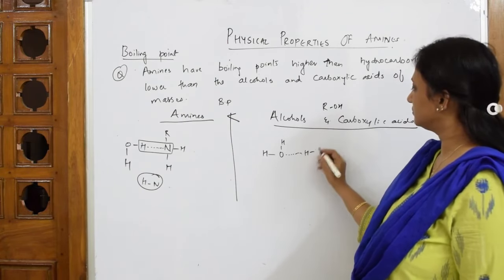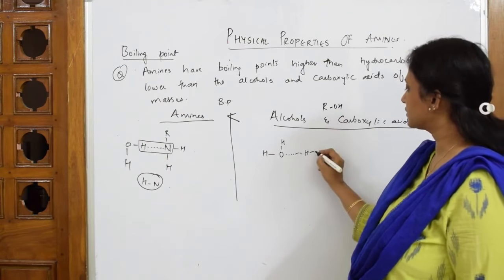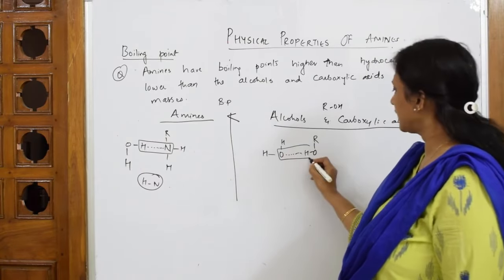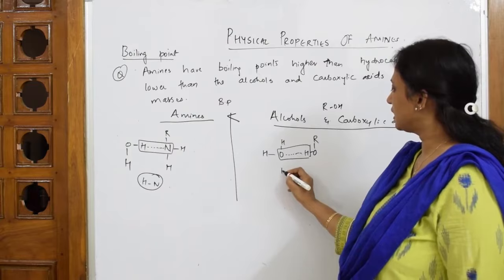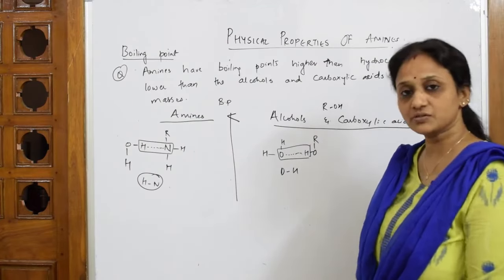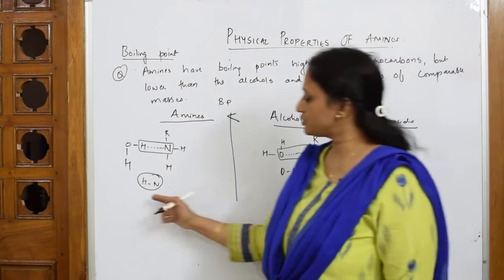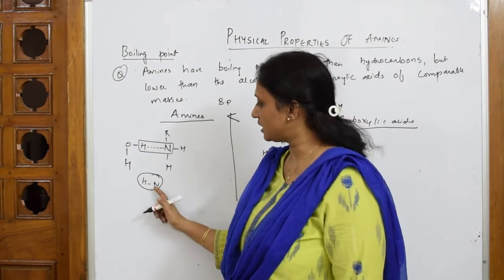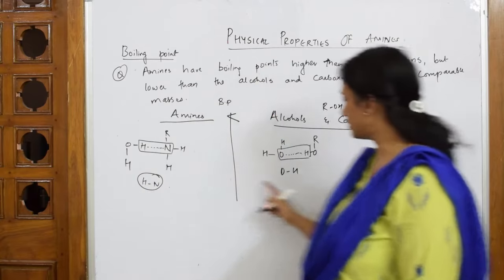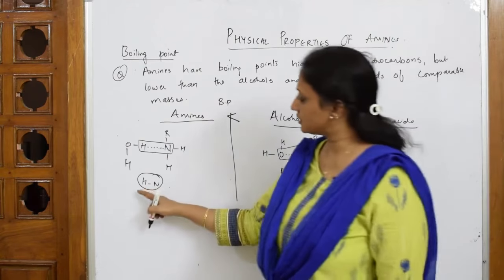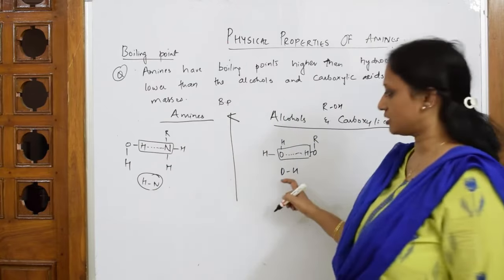Hydrogen bonding is between oxygen and hydrogen. So what are we observing? We are observing that hydrogen bonding in amines is between nitrogen and hydrogen. Even carboxylic acid is the same. Here the hydrogen bonding is between nitrogen and hydrogen.